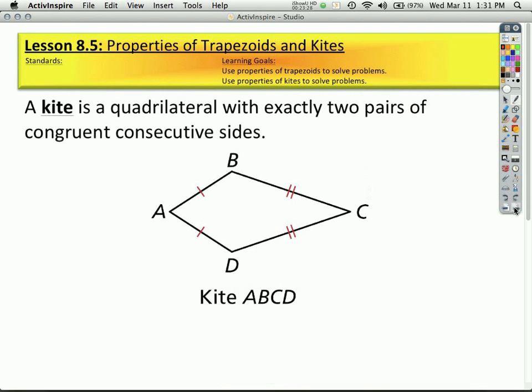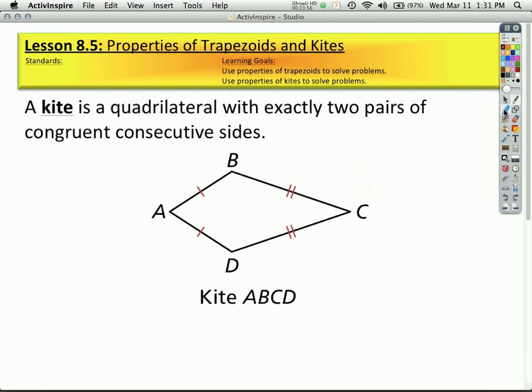Okay, basics of a kite. What separates a kite is that there are no parallel sides. Zero. So we have a parallelogram, two pairs of parallel sides. Trapezoid, one pair of parallel sides. Kite, no parallel sides. We also have, for a kite, exactly two pairs of congruent sides, and they're consecutive.